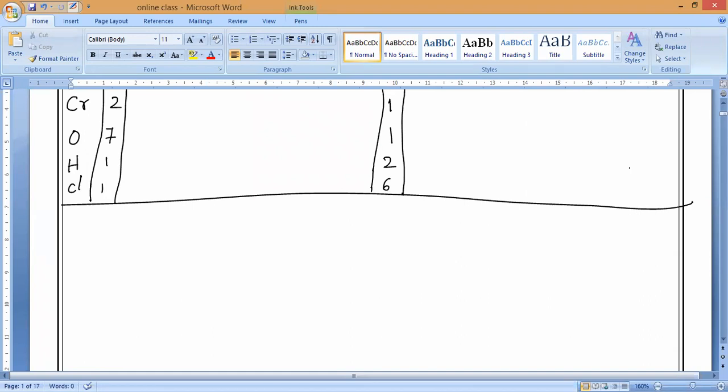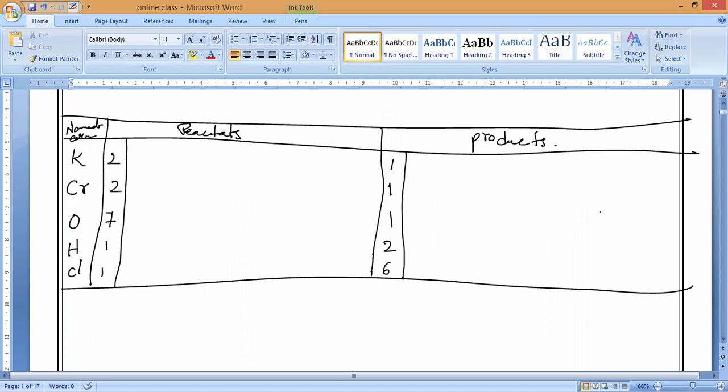We'll start with potassium, and next chromium. Both have 2 on this side, and how many on that side? 1. Which side do we have to balance, reactant side or product side? Product side.